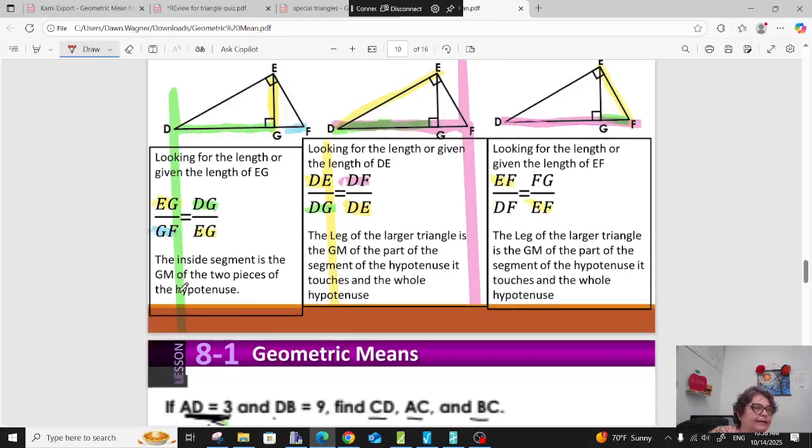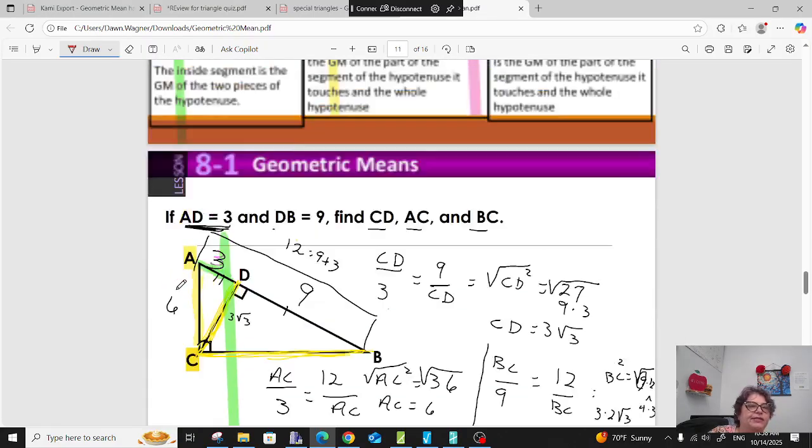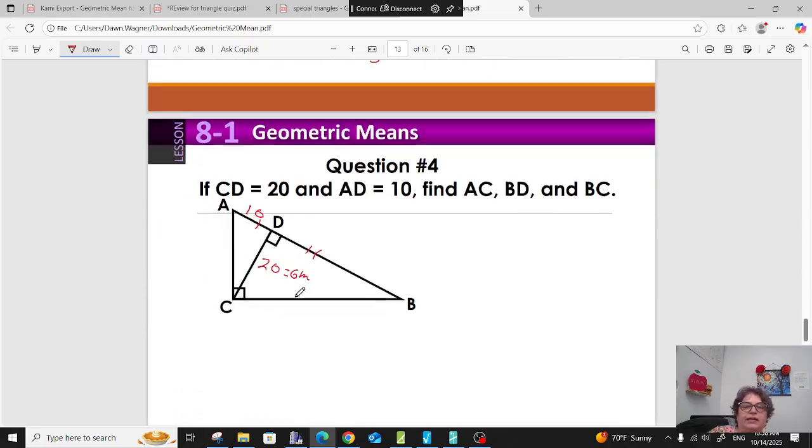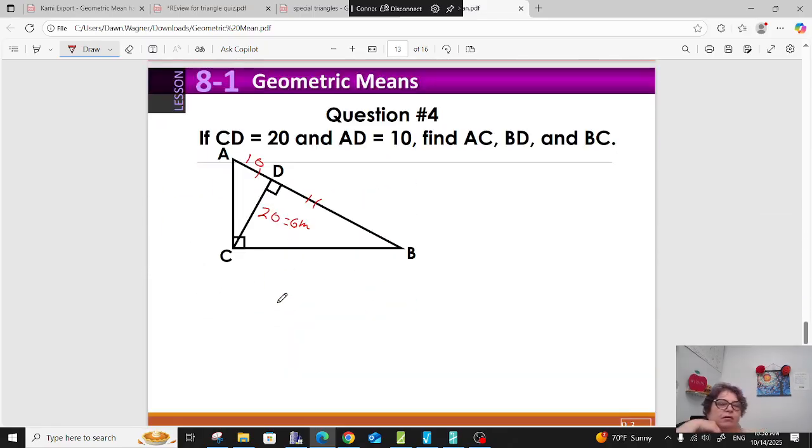That's why this is really powerful, especially if you color coded it, because that tells you how to set up your proportions accurately. So in this case, it'd be 20 up, 20 down, because this is the geometric mean. 10, and then BD.